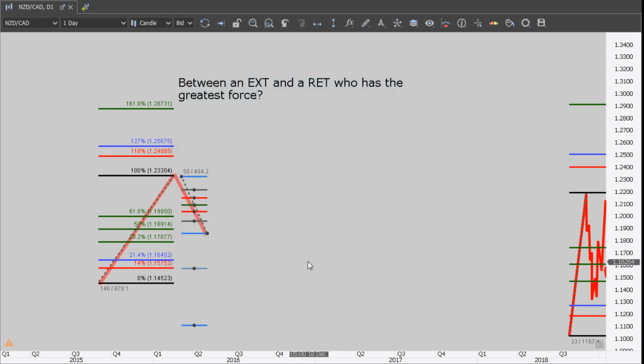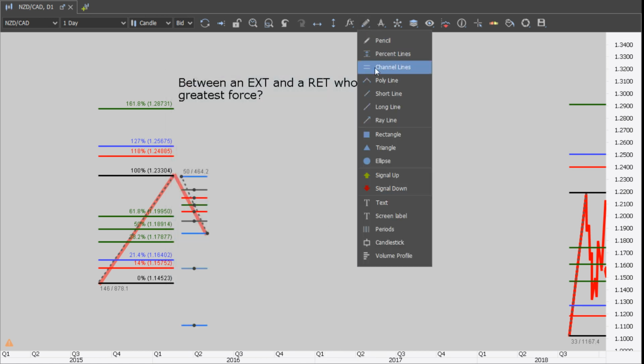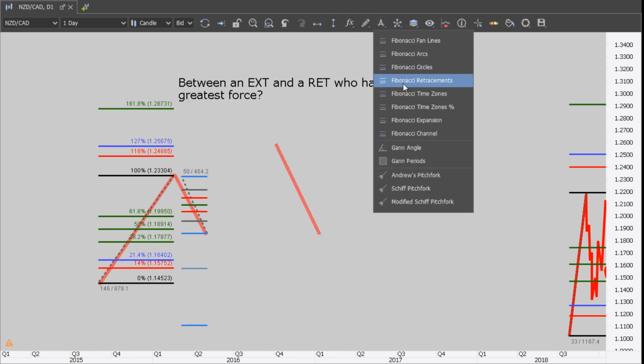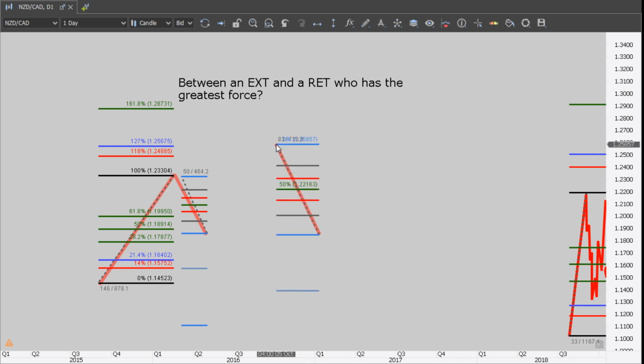And then you have a 2-hour chart which is in an extension mode. You know, it retraced and now it's pushing lower.